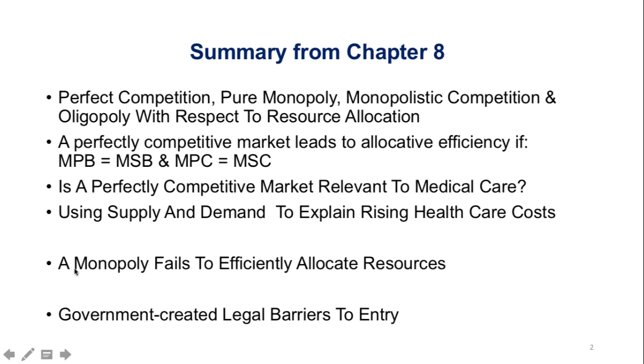And you learned that government is one of the cases that create legal barriers to entry, which is one of the characteristics of the monopoly. So why government creates these barriers, like licensure and patents, you will learn in this chapter, about the government's role in market intervention.